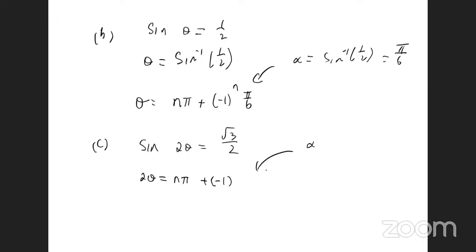We had to find alpha. Alpha is equal to sine inverse root 3 on 2. So that was pi on 3. So you put pi on 3 here. That's okay? So that's the way you use general solution. When they say general solution, don't work out anything. Just use the formula. Okay? Are you okay with that?